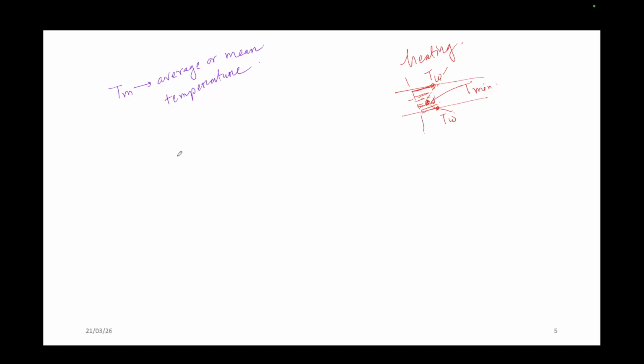So can I write, if E is the energy of the fluid, it should be m dot Cp into T mean. But I don't know the value of Tm. So how do you need to do?